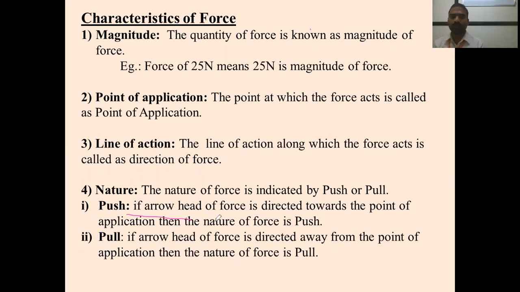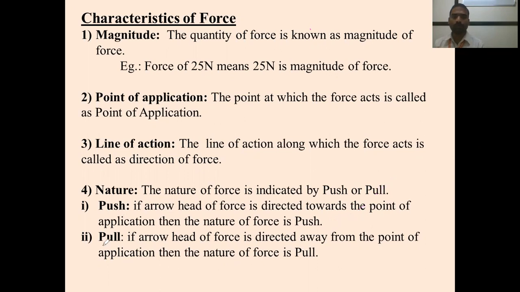What is push condition? If the arrowhead of the force is directed towards the point of application, then it is called push. So this is the body, this is the force, and there is a point of application. When the arrowhead of the force is directed towards the point of application, it is called push.